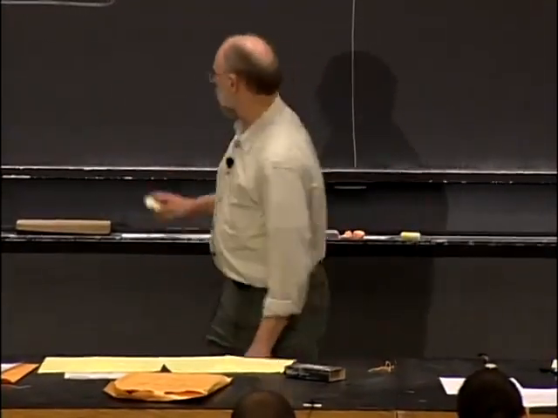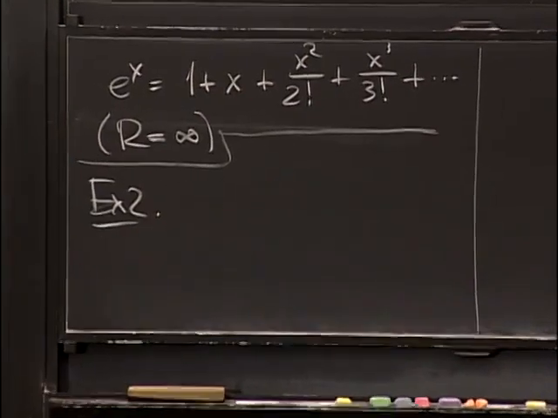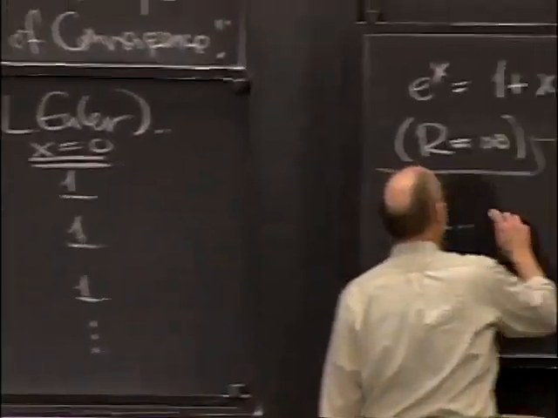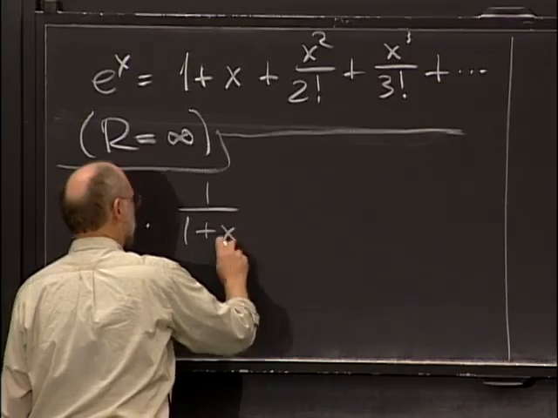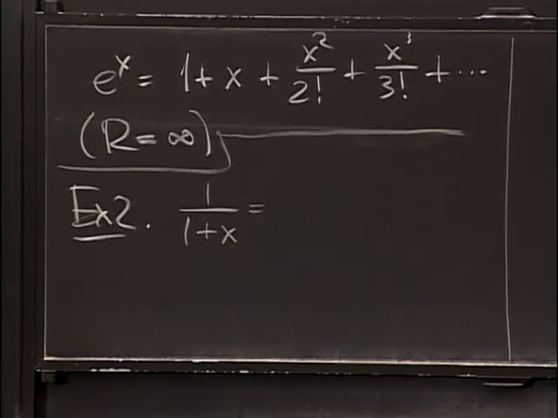Let's do another example. I guess this was example 1. So this example, I think, was due to Newton, not Euler. Let's find the power series expansion of this function, 1 over 1 plus x.